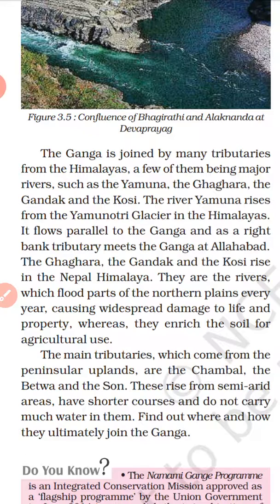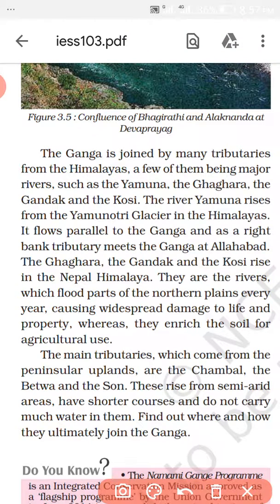If Nepal receives heavy rainfall, it causes floods, causing widespread damage to life and property. But they not only destroy, they also enrich the soil, which is very beneficial for agriculture.